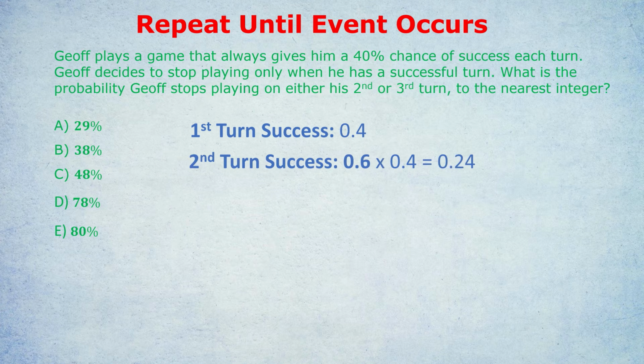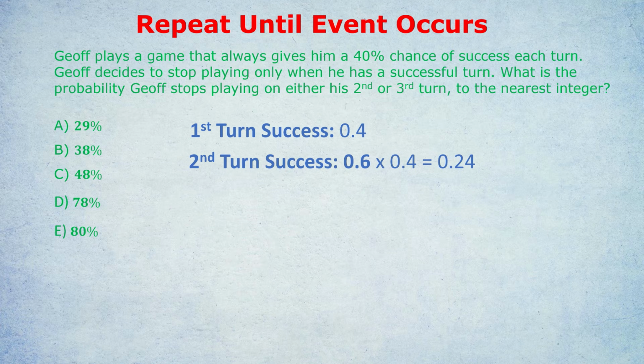So he must have had 0.6 times 0.4. The 0.6 is him failing on the first turn, and then, and means multiply, and then getting success on the second turn, 0.4. Multiplying those, you get 0.24. So the probability drops dramatically. So it's 24% chance he stops on his second turn.